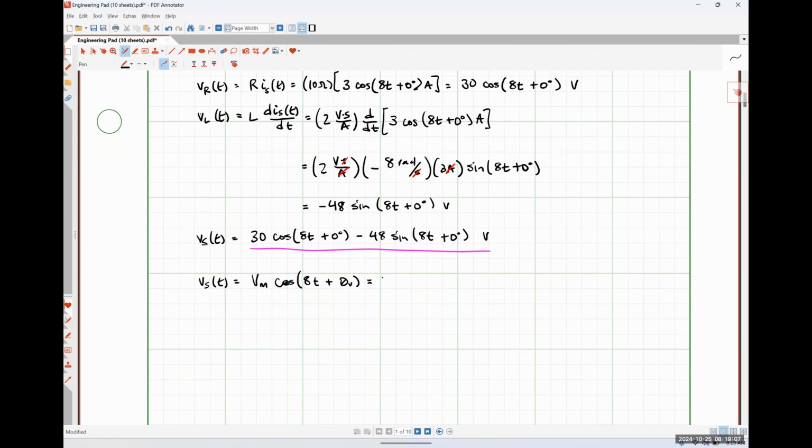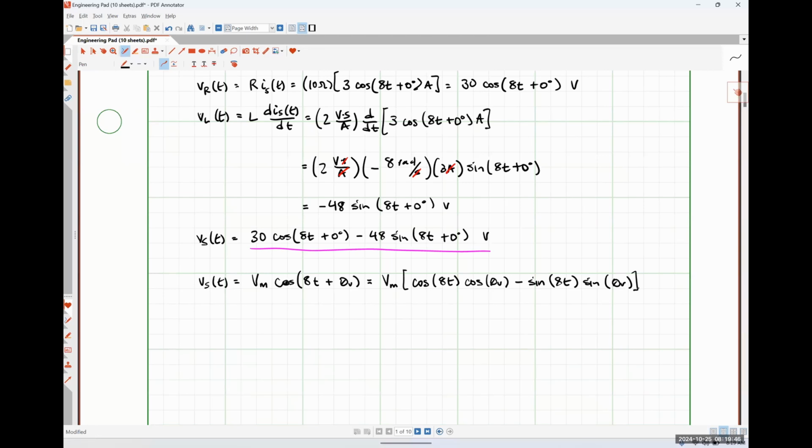So I could express this as Vm times cosine alpha, which in this case is 8t, cosine of beta, which will be theta v, minus the sine of alpha, 8t, times the sine of beta, theta v.